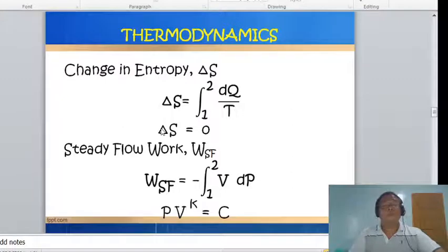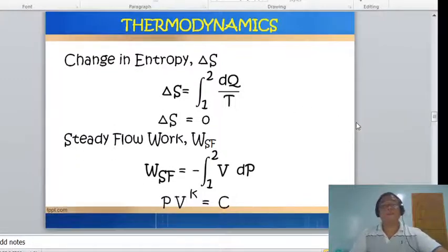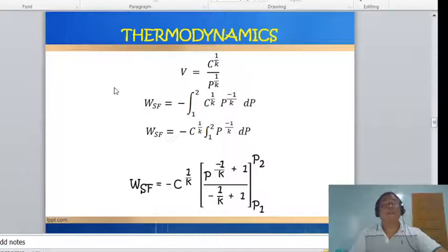We know already that the work steady flow is equal to the area behind the PV diagram, where the work steady flow is equal to the negative integral of V differential pressure, with limits from 1 to 2. Again, PV raised to k is equal to constant for an isentropic process. Getting now V, that is C raised to 1 over k, over P raised to 1 over k also.